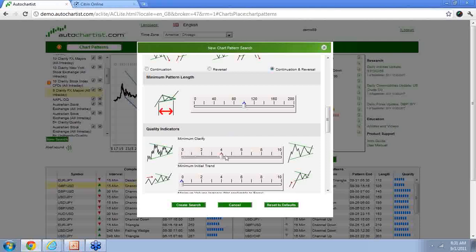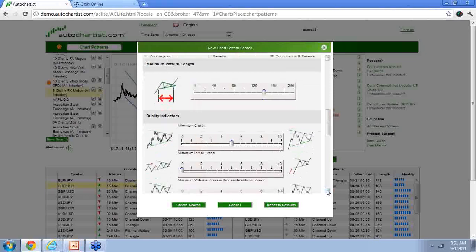So if I look at the 15-minute, I set my clarity at 5, and I set my minimum length at 100. Let's even go up more. Let's look at 140. So I'm not even going to look at a market on a 15-minute chart unless I've had 140 candlesticks or more.